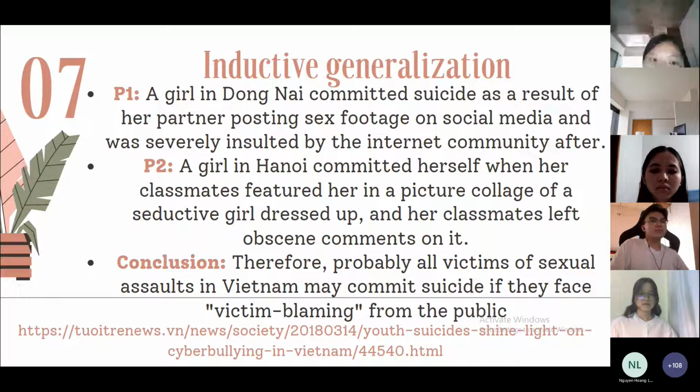Premise 2: A girl in Hanoi committed suicide when her classmates featured her in a picture collage of seductive girls dressed up, and her classmates left obscene comments on it. The conclusion is, therefore, probably victims of sexual assault in Vietnam may commit suicide if they face victim blaming from the public.